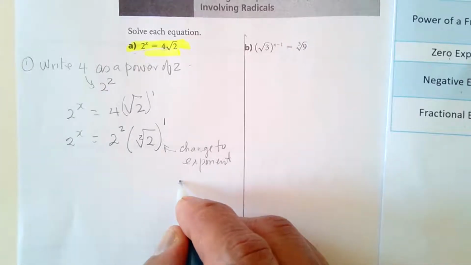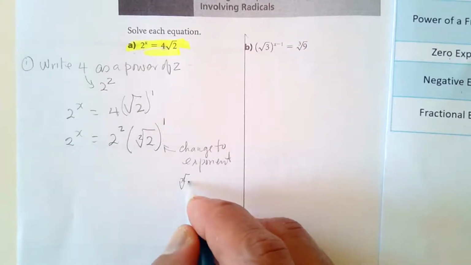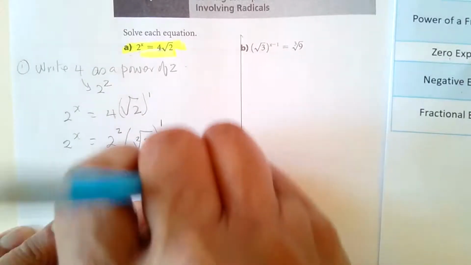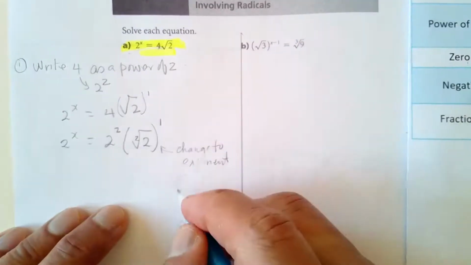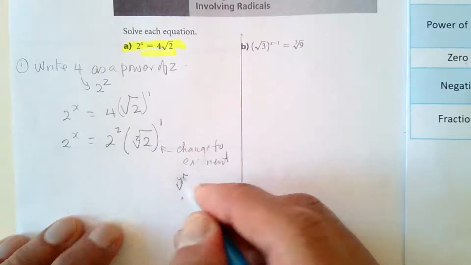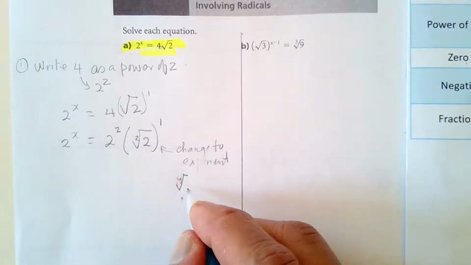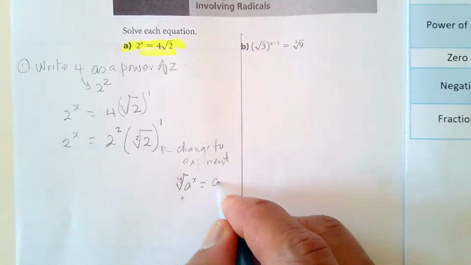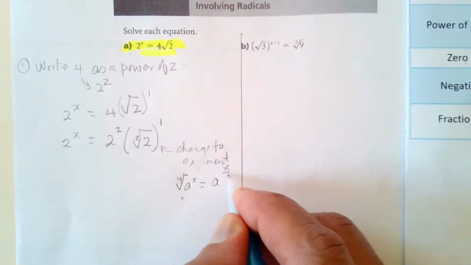Remember the rule: the y-th root of a to the x is equal to a to the x over y.